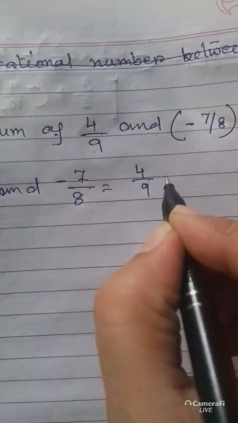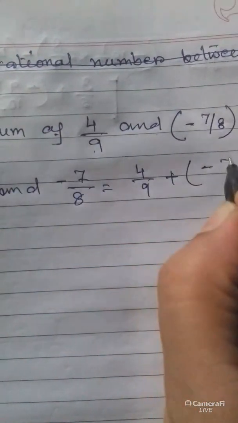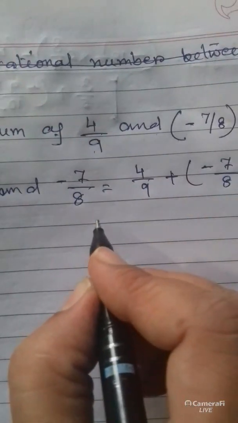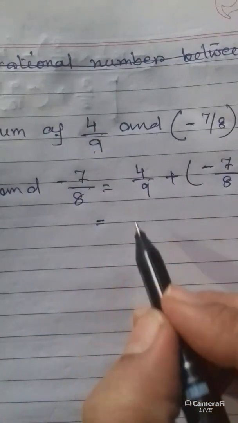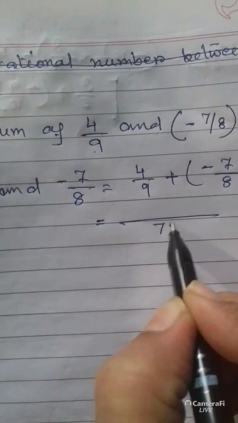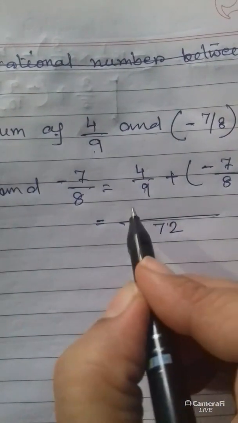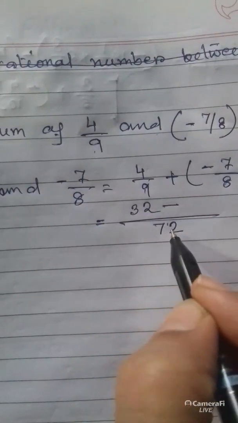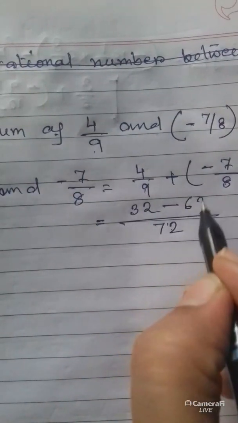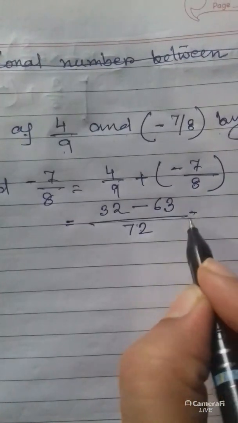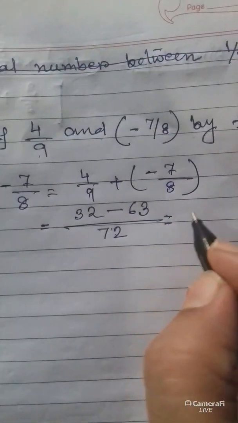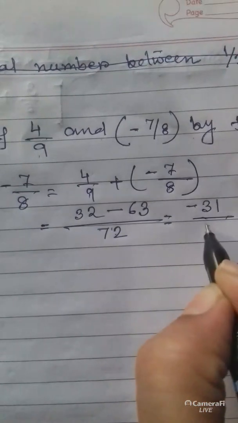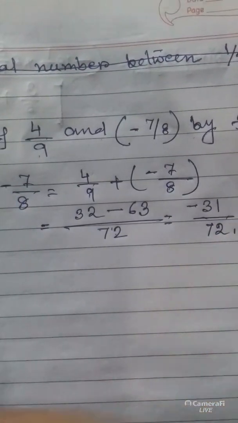So 4 by 9 plus minus 7 by 8. 72 LCM, 9 8s are 72, 4 8s are 32, minus 8 9s are 72, 7 9s are 63, equal to minus 31 by 72.